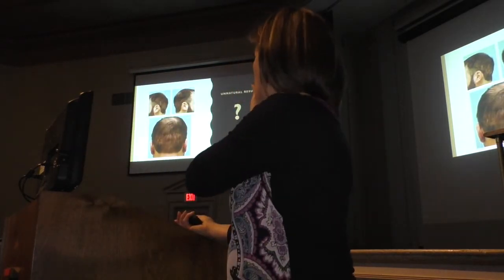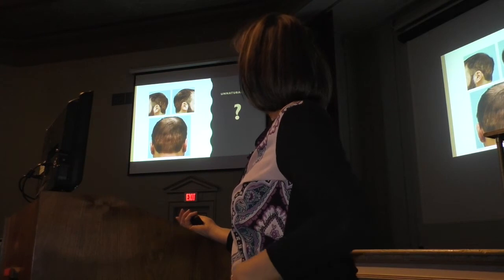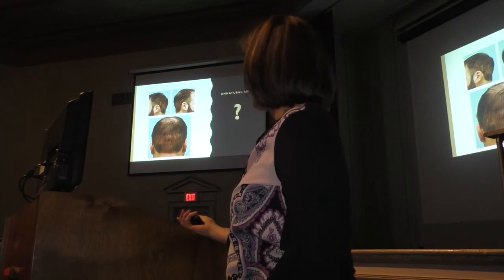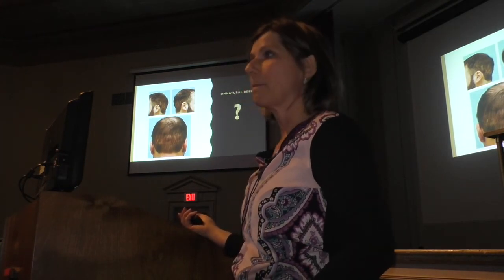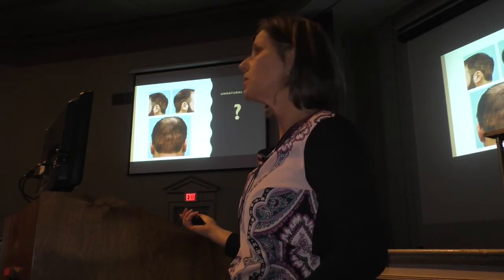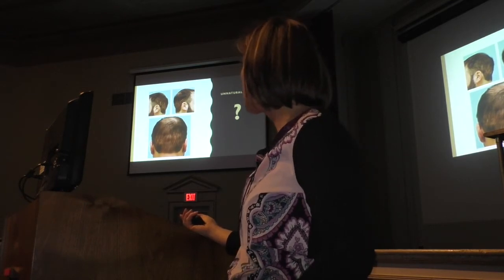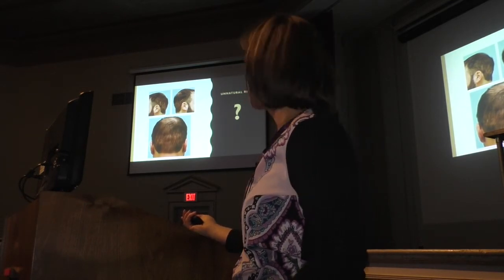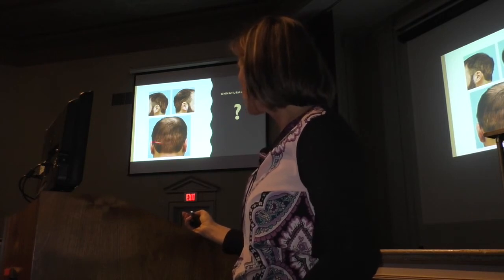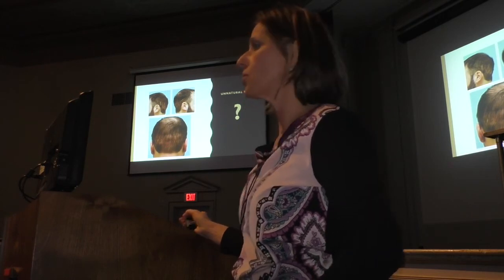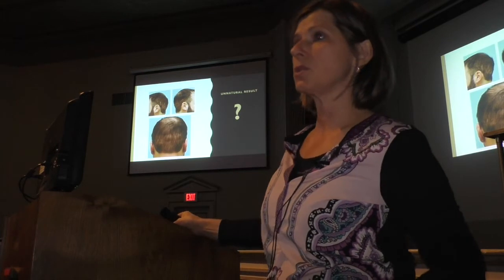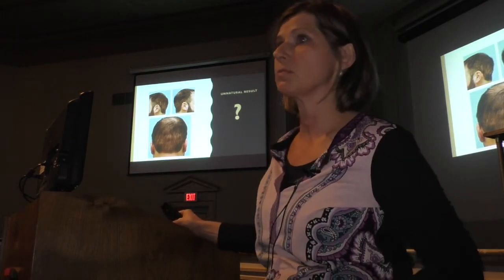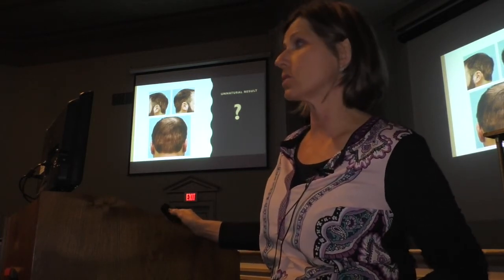What's wrong here? Why is this a natural result? Temporal points missing. What do you see in the donor area? Is this a diffuse alopecia or is something else happening? Over harvested. So he had two strip surgeries, and someone convinced him that doing the FUE procedure is much better than the strip surgery, doesn't leave scars.